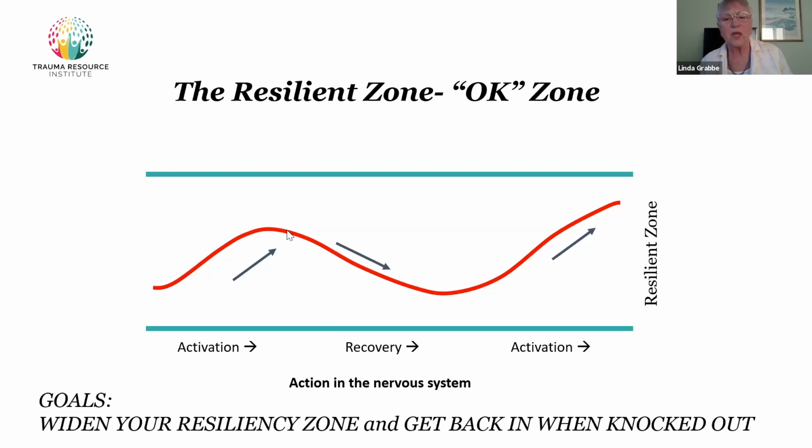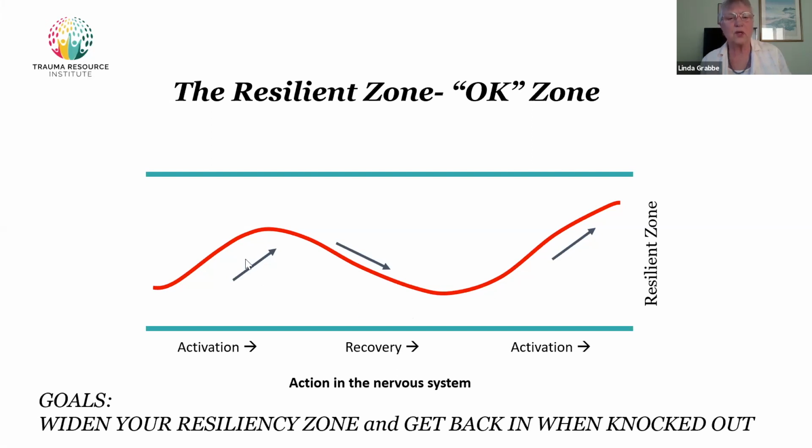And then we have recovery because of the parasympathetic nervous system. So throughout our day, we have this expenditure of energy and then restoration or recovery. CRM works to put us automatically in this recovery state, which over time is going to widen the resilient zone.